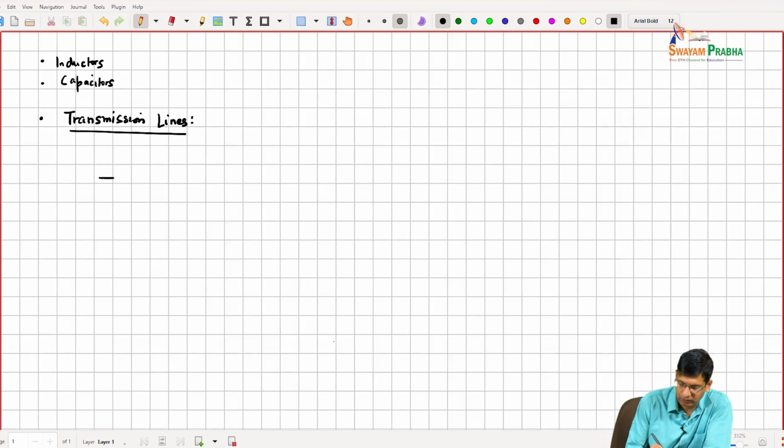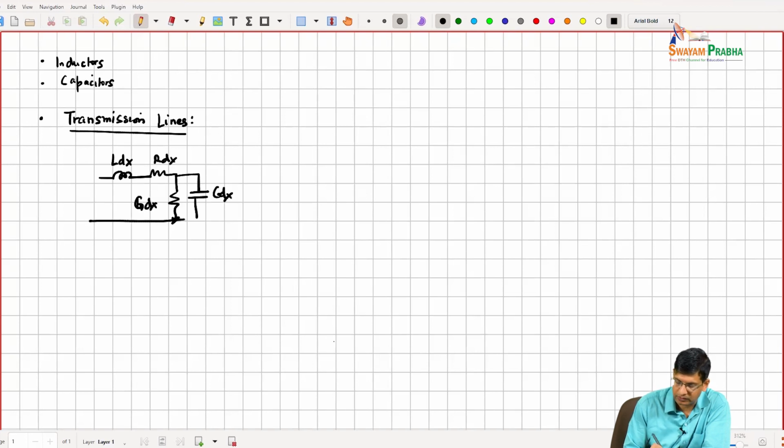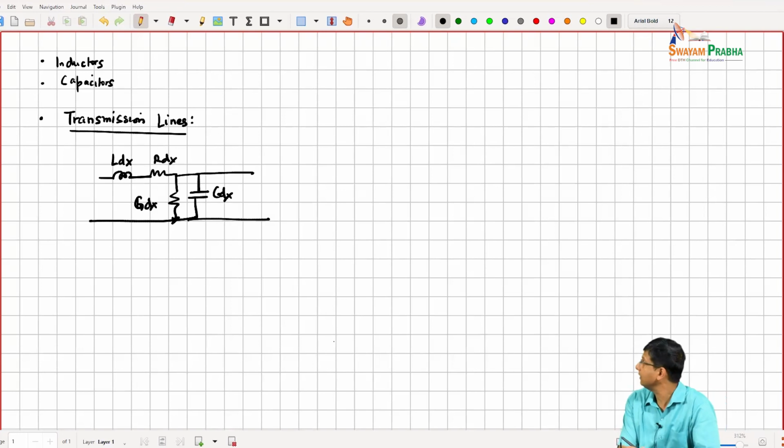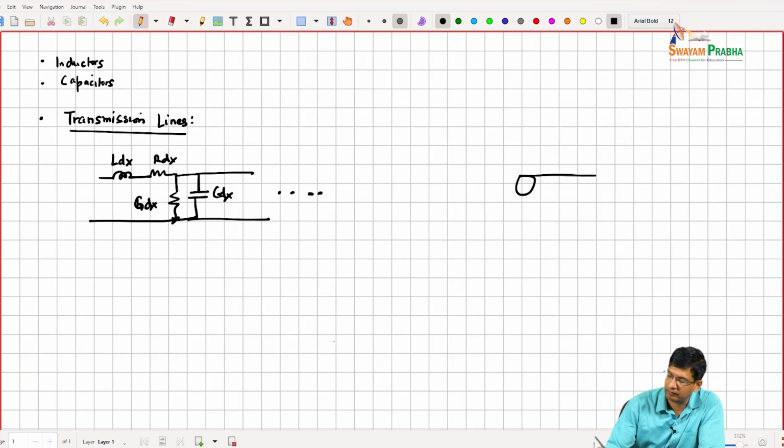As we know, transmission lines are distributed circuits which are modeled using unit inductance, capacitance, resistance, in parallel with this, right? So this is the model for one unit section, and we then repeat this model to develop the model of our transmission lines.